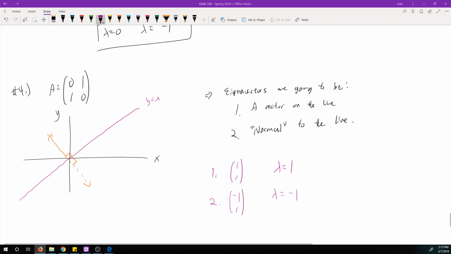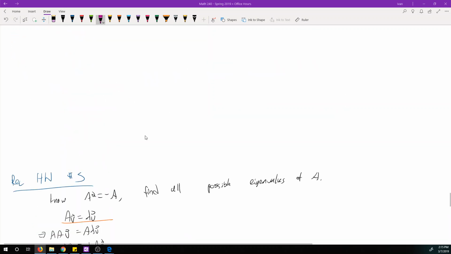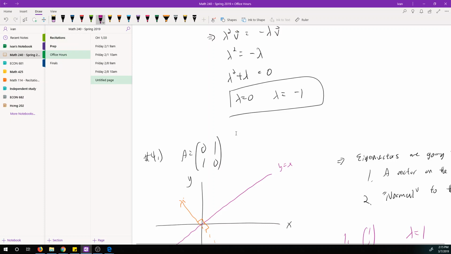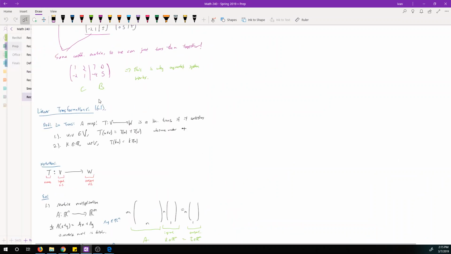Yeah, I think so for the whole thing with the nullity, like the kernel of A minus 0I, where is it? It's not loading. Yeah, so all the stuff that we did with the kernel of A minus 0I, if you go to a prep, I wanted to get to this, but I didn't get to it.